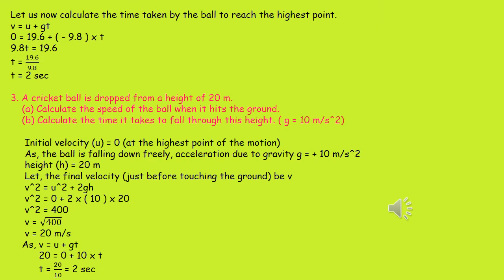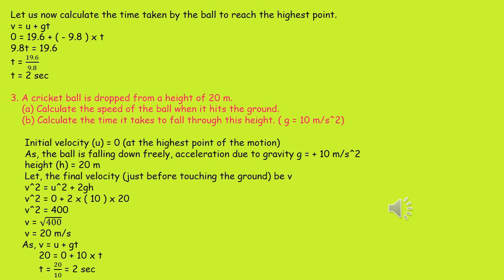Now, there is a second part of the sum. We have to find out the time taken by the body to reach the highest point. So, we are using the first equation, v is equal to u plus gt. Final velocity v is 0. Initial velocity we have calculated in the first part.